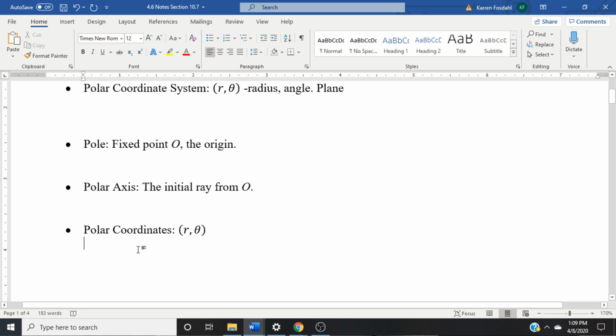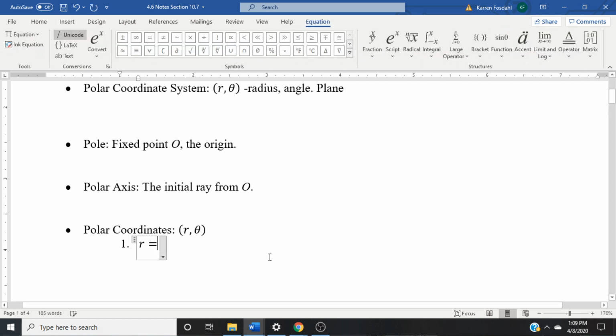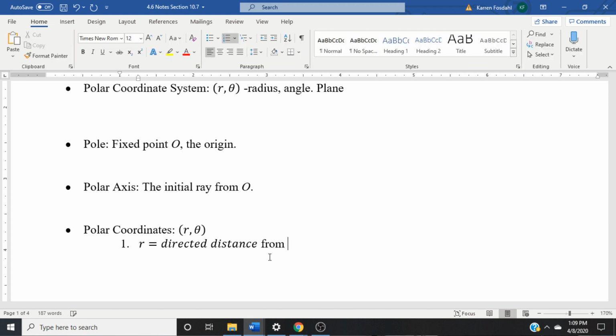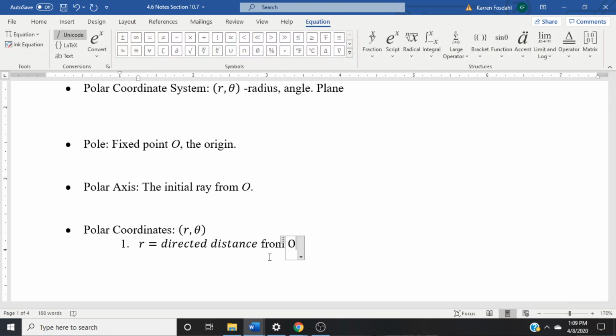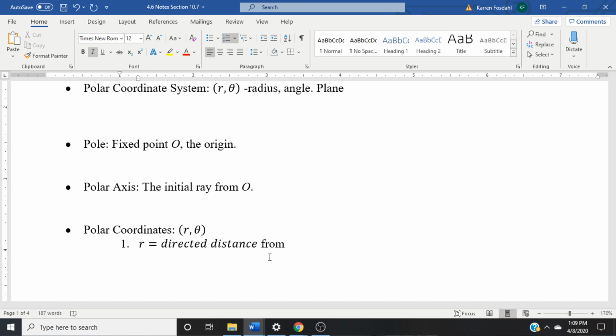There we go. Makes my life easier. The first thing is that r equals the directed distance. I'll explain what that means. From O to a point P.